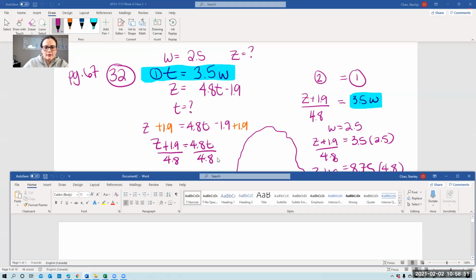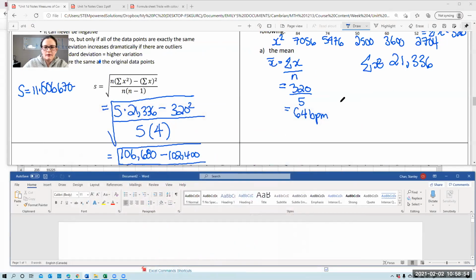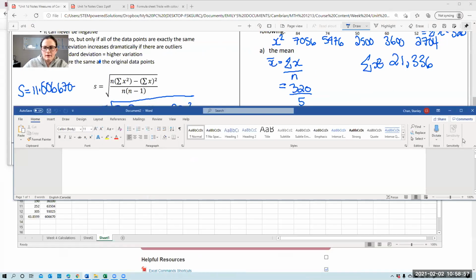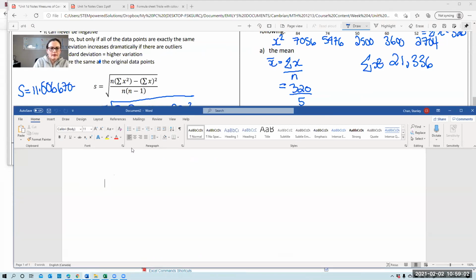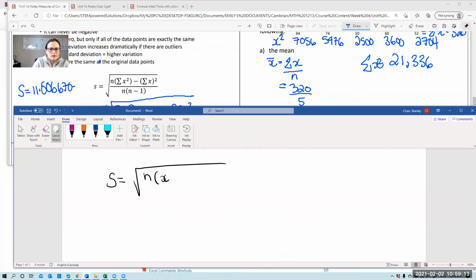Okay. I'm just going to write down the formula and then I'll show you how to do the calculation. So the sum of the x's squared, subtract the sum of the x's, squared, divided by n, subtract 1.